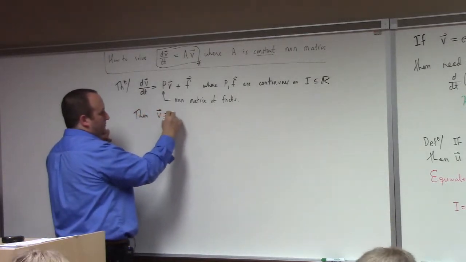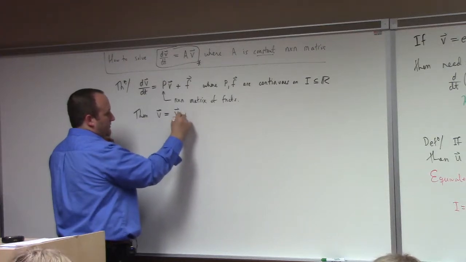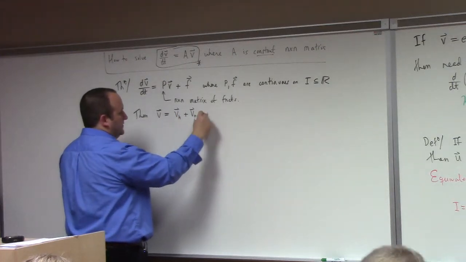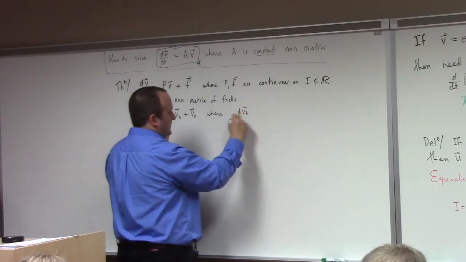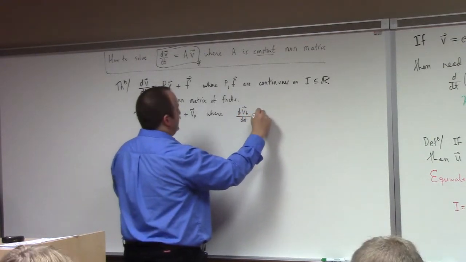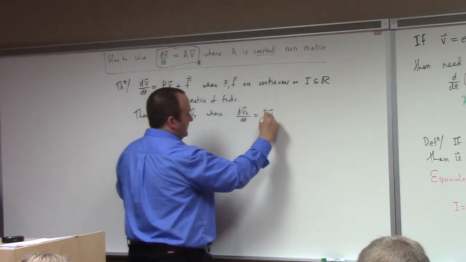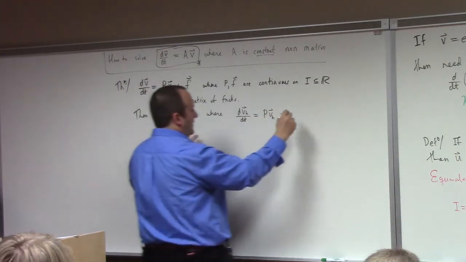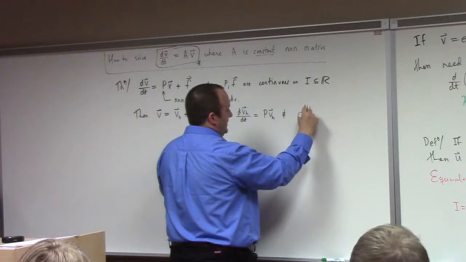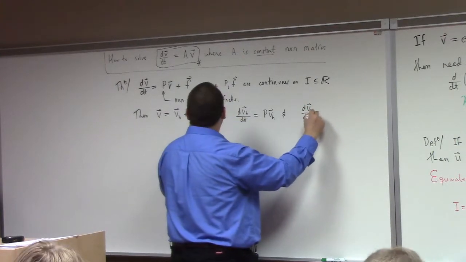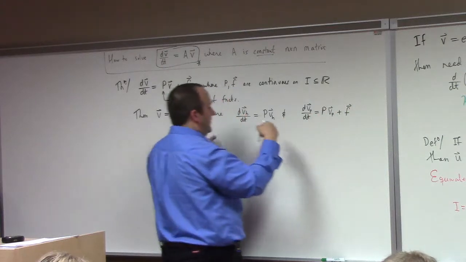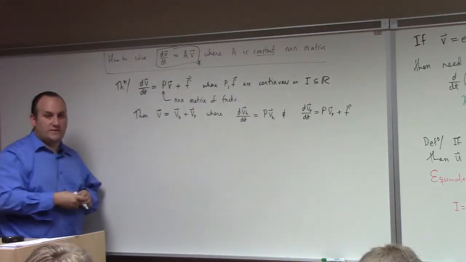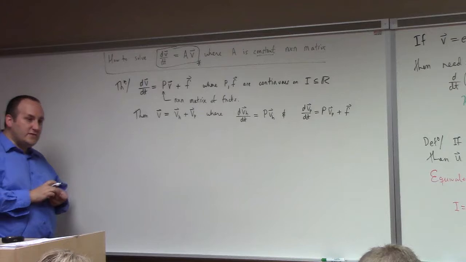V is equal to the homogeneous part of the solution plus the particular part of the solution, where dVH/dt is equal to P VH, and dVP/dt equals P VP plus F. In other words, we have a particular non-homogeneous solution, and then there's a homogeneous solution.